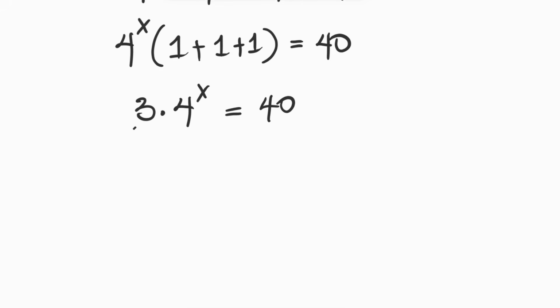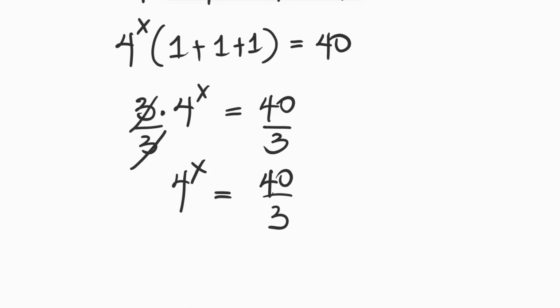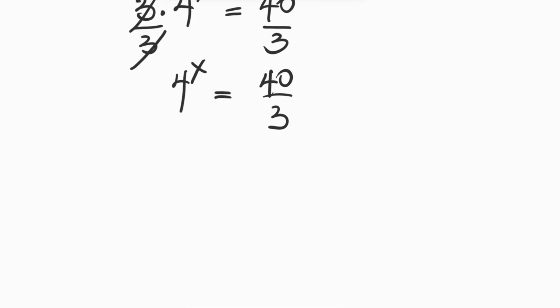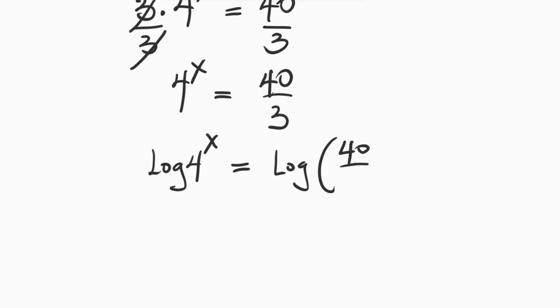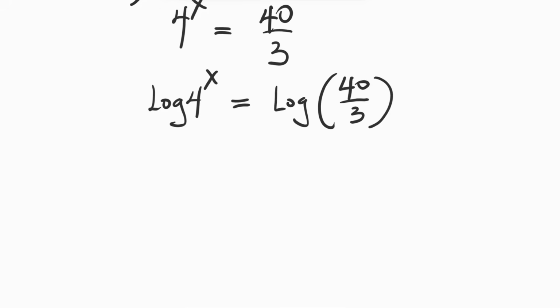So the next thing would be to divide through by 3. And we have 4 raised to the power x equals 40 divided by 3. So next we apply log to both sides. So we have log 4 raised to the power x equals log of 40 divided by 3.